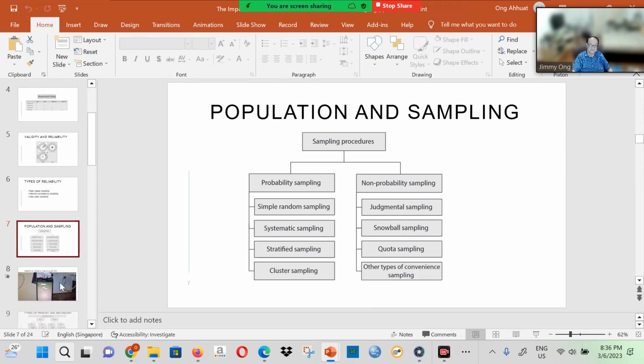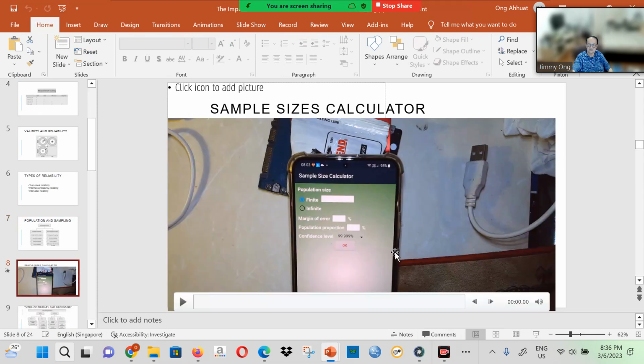Next, there is a so-called sample calculator. I wonder whether you know how to download the calculator. It is acceptable if you use a sample calculator. It's also okay, right? But you must know how to use a calculator.